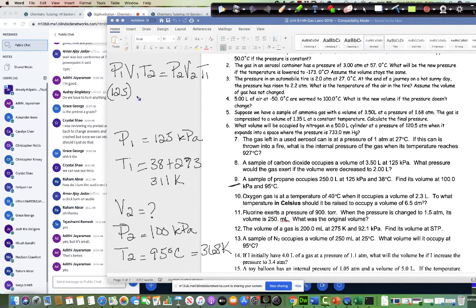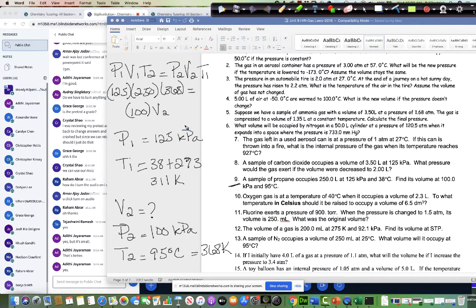So our initial pressure is this. Our initial volume was 250 liters. And our final temperature, be careful, our final temperature is 368. We're going to set that equal to P2. P2 is 100. V2 is going to be unknown.